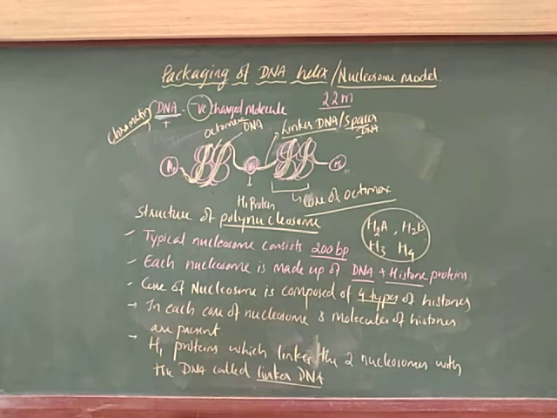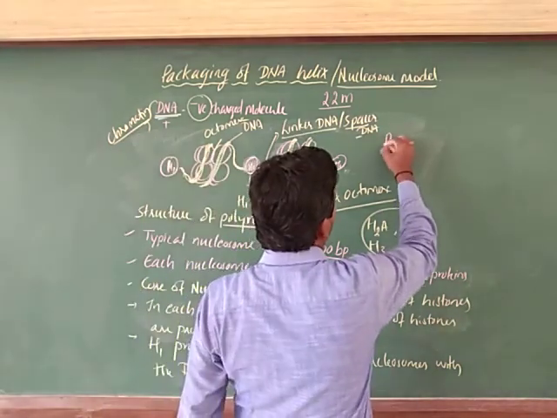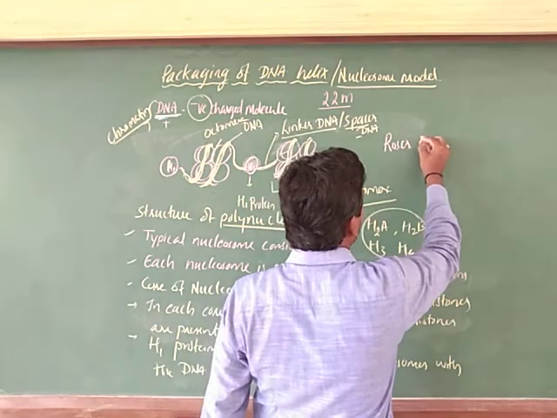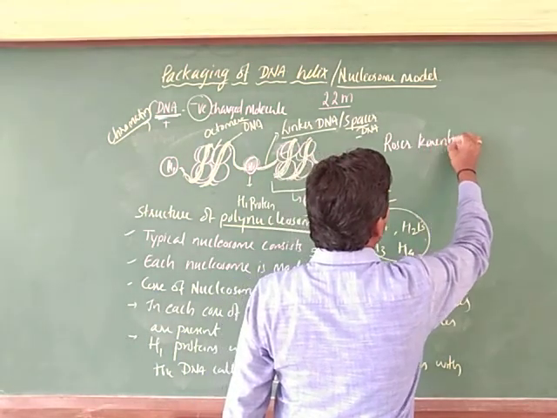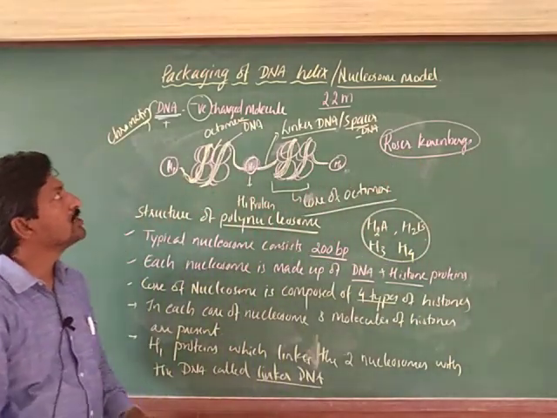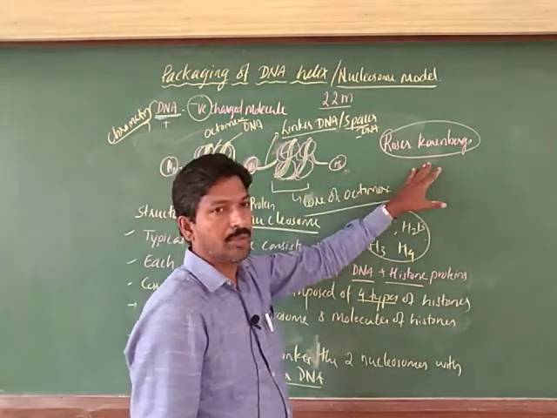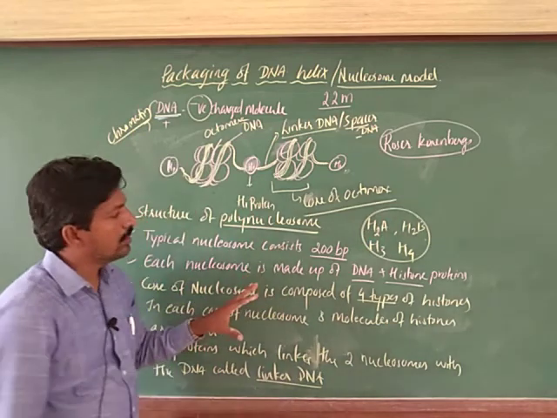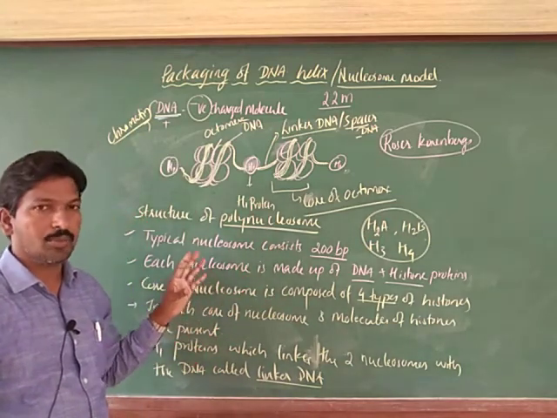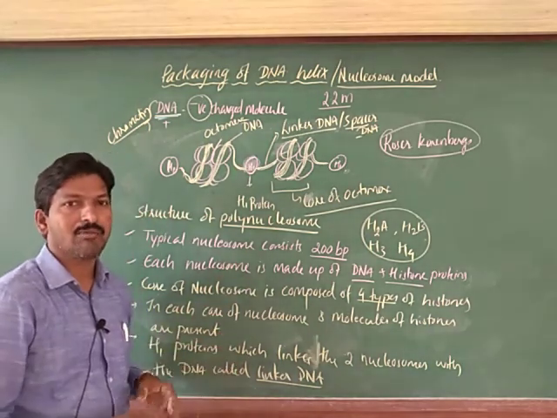This was proposed by Roger Kornberg. The packaging of DNA, the nucleosome model, was proposed by Roger Kornberg. And there are other proteins, non-histone chromosomal proteins, which help to bind repeatedly and form the chromosome.